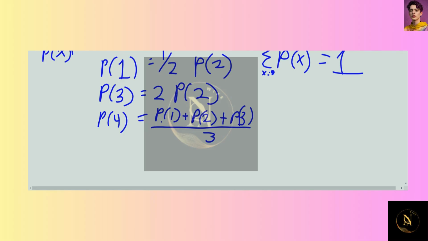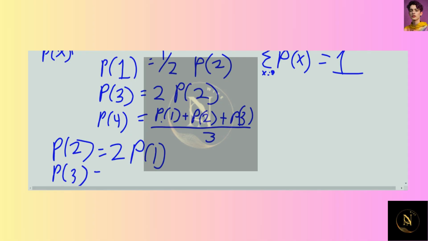So probability of 1 equals 1/2 probability of 2. But we prefer to look at these in whole numbers. So we're going to change that over to that the probability of 2 equals 2 times the probability of 1. Probability of 3 then becomes 4 times the probability of 1.